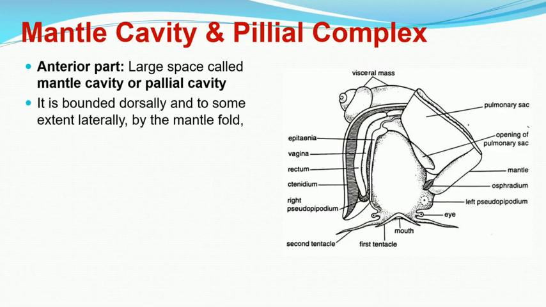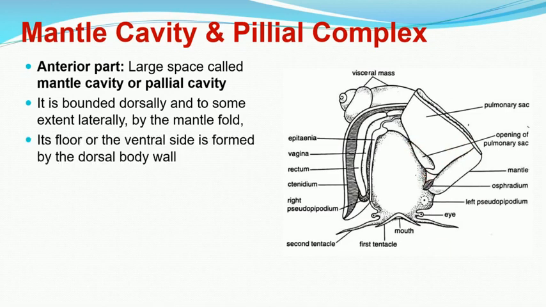This is bounded dorsally and to some extent laterally by the mantle fold. So this is a fold of skin which is bounded dorsally as well as laterally, and the floor of the mantle cavity is formed by the dorsal body wall.